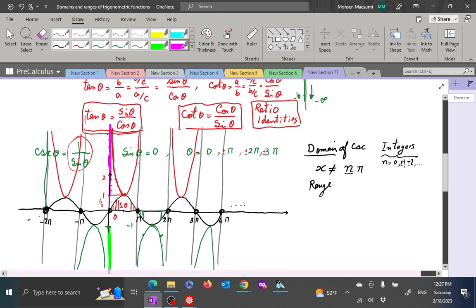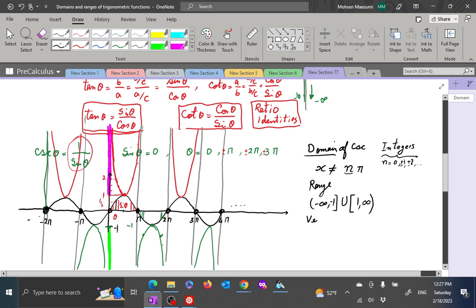This is what's going to be left if you take this picture and compress it on the y-axis. That's what is left, called the range. So the range goes from -infinity all the way to -1, and another piece starts from 1 and goes all the way to infinity. That's what we call the range of this thing.